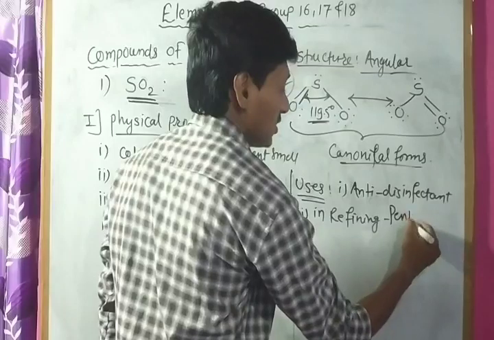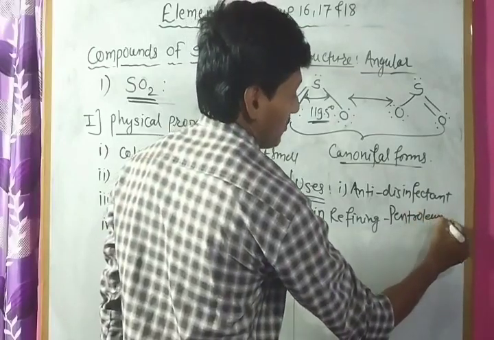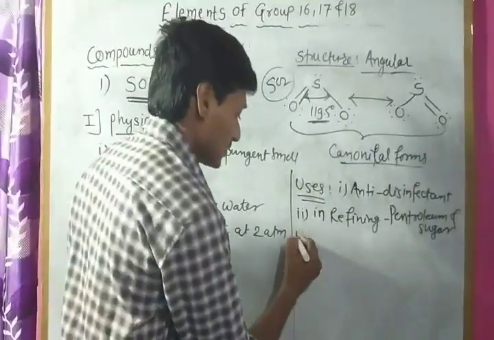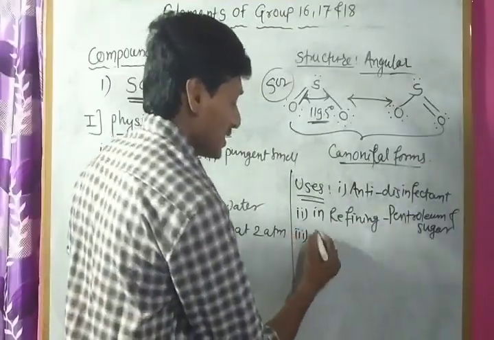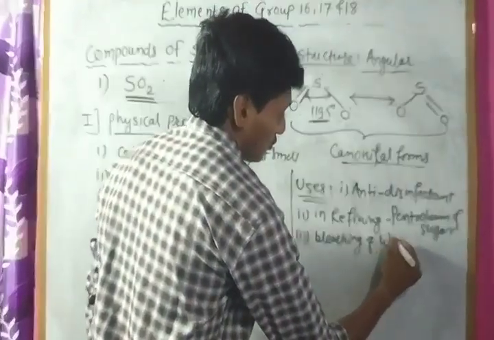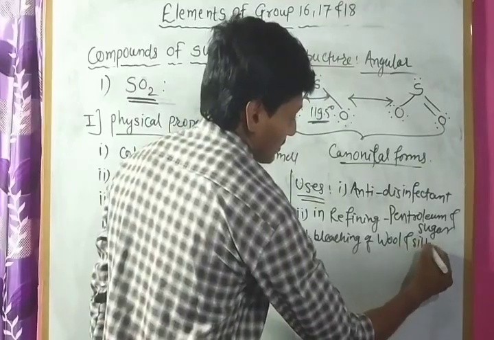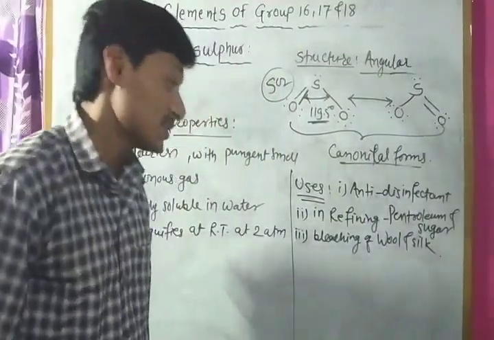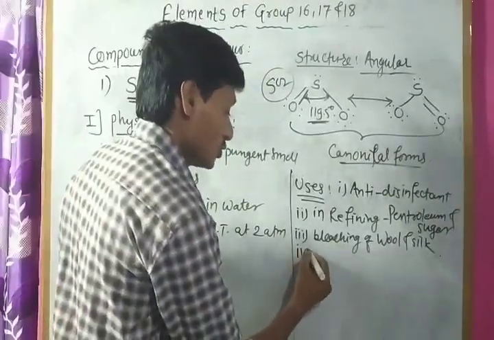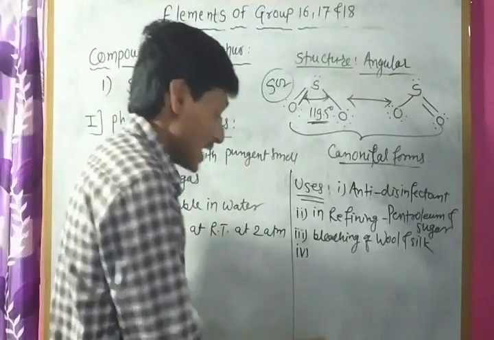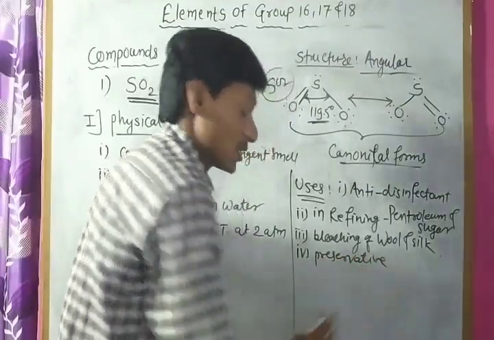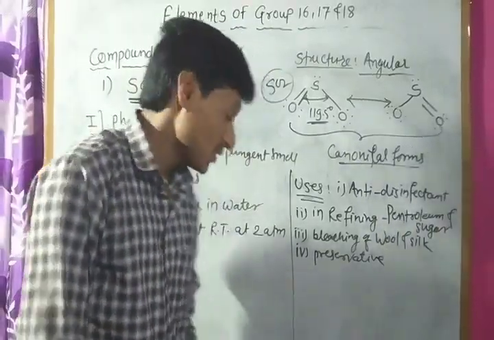Third use is, it is used in the bleaching of wool and silk. Fourth use is, it is used as a preservative. SO2 gas is also used as a preservative.